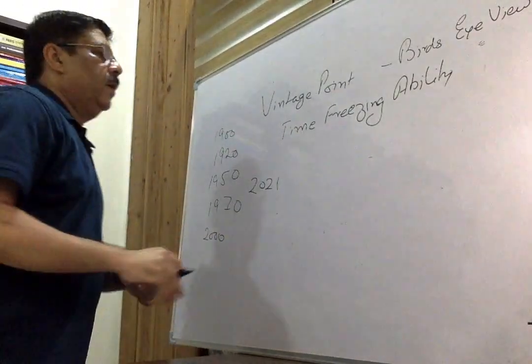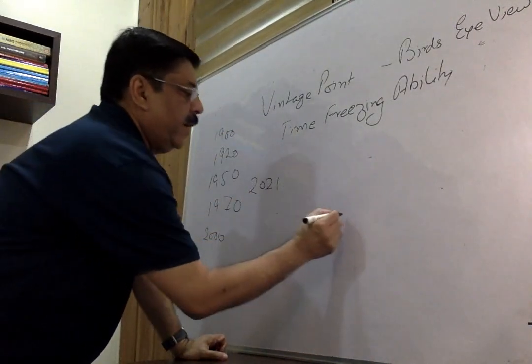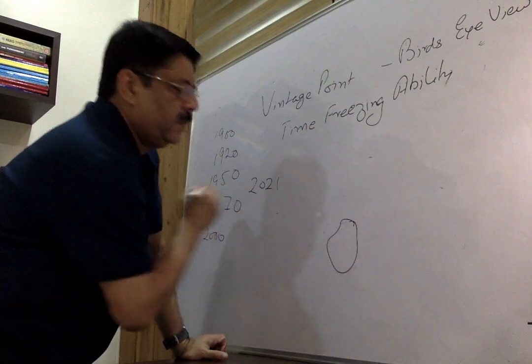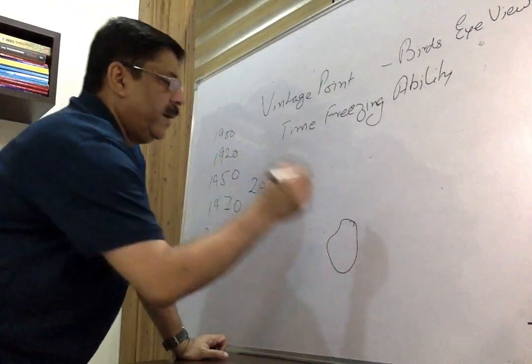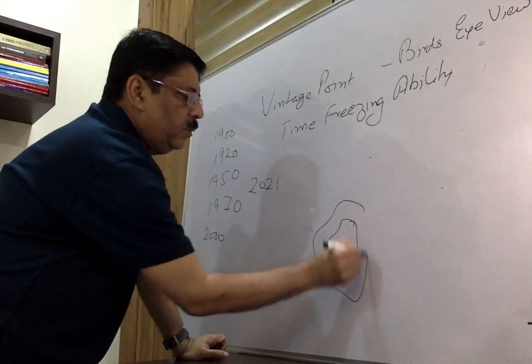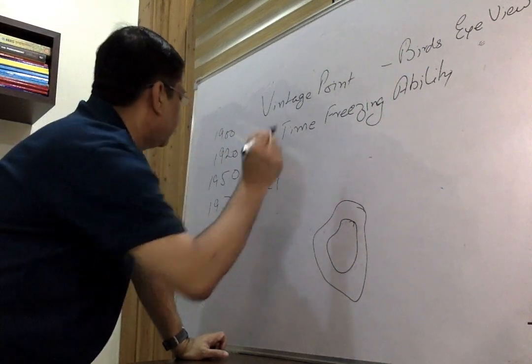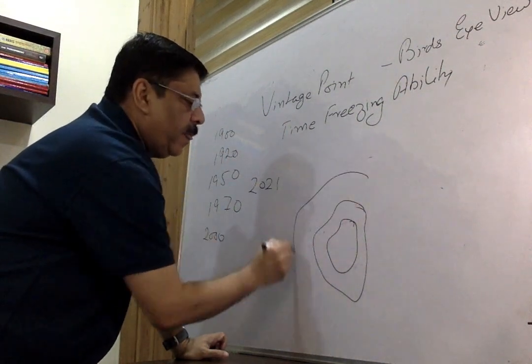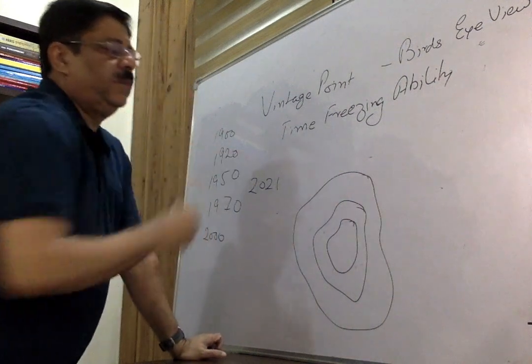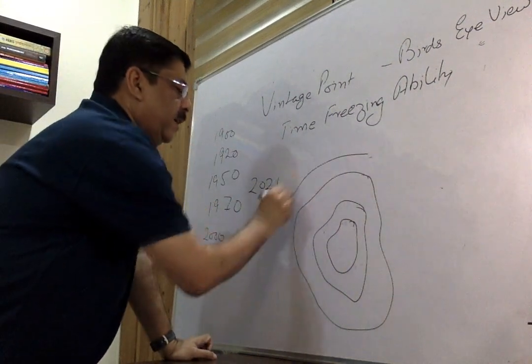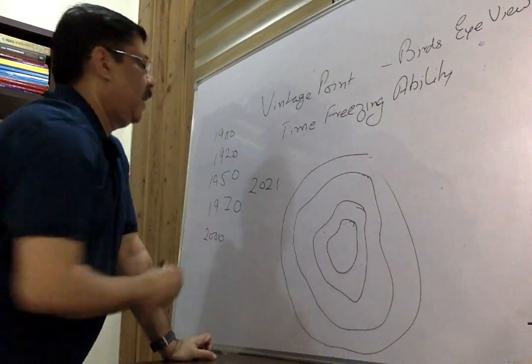Okay. Suppose in 1900 the city was like this. In 1920 it grew to these boundaries. In 1950 it has become this big. In 1970 the city was like this.